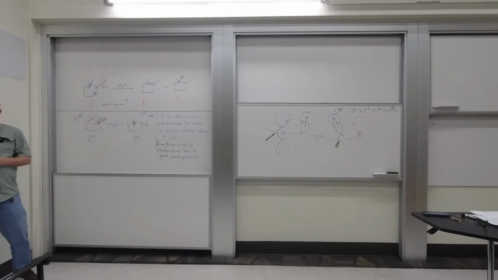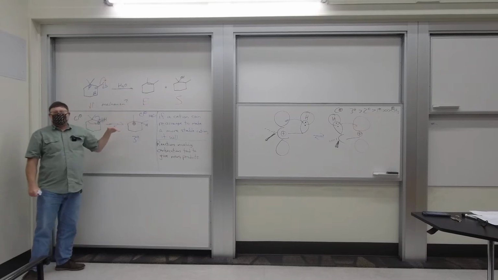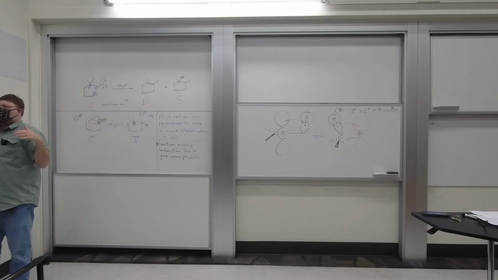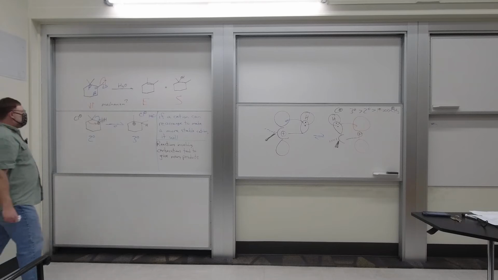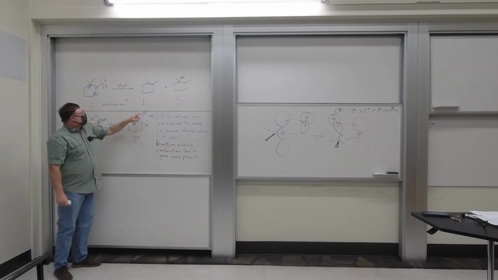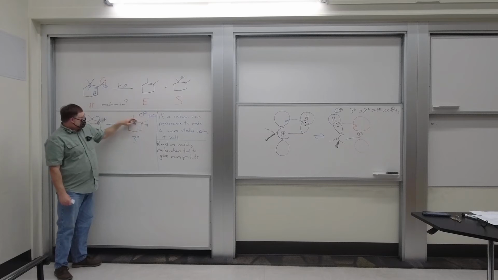All right, if you look from here, when you go through these mechanisms, you always want to see what has to happen between two structures. Like if I know A turns into B, maybe I don't know how many steps there are, but I want to take stock of what bonds break, what bonds form, and then can I do that in one step or more? And so here, to go from this tertiary cation to the elimination product, I need to make a double bond here.